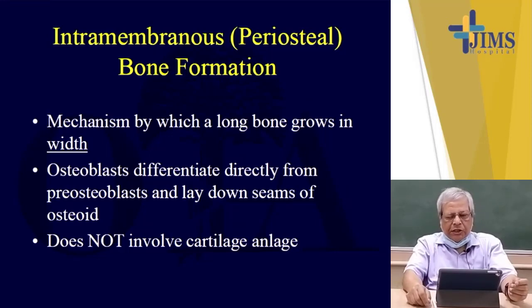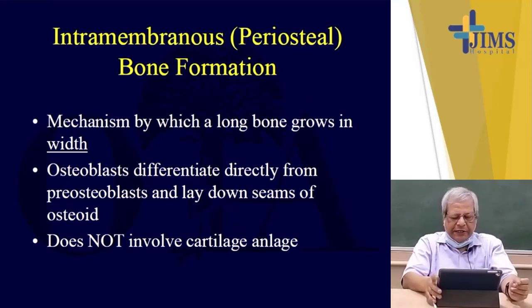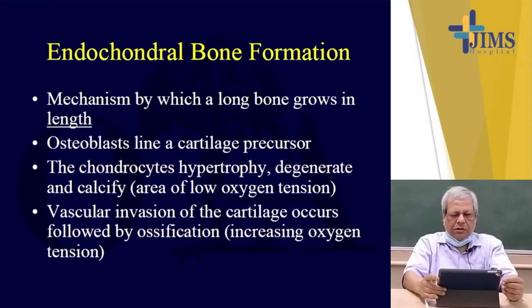Intramembranous or periosteal bone formation. This is a mechanism by which a long bone grows in width. Osteoblasts lay down seams of osteoid, as I have said before. It does not involve cartilage, anlage or precursor.